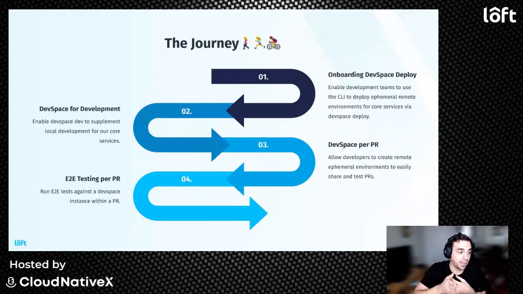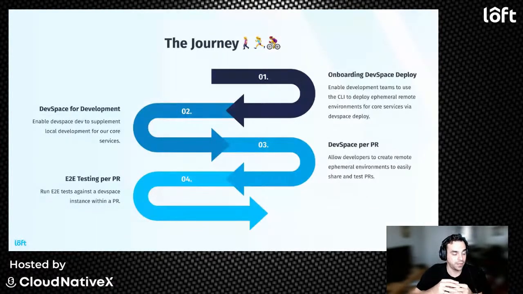The next phase of that was DevSpace for development. And so this was like, how do we allow engineering teams to use the DevSpace dev functionality? So for people who may not be familiar, DevSpace deploy is essentially taking your application, packaging it into an image, and deploying that image to a namespace within Kubernetes.